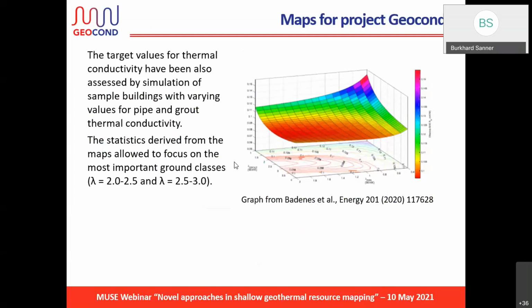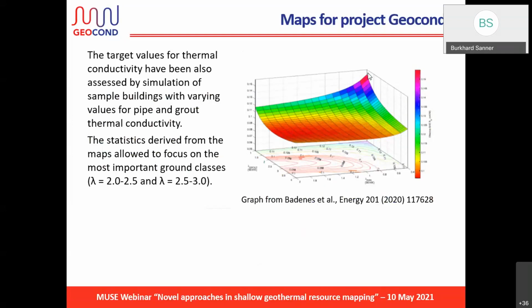You see with very high grout and pipe conductivity, which is up here, we get good values, but actually there is an area where we have an optimum in here.